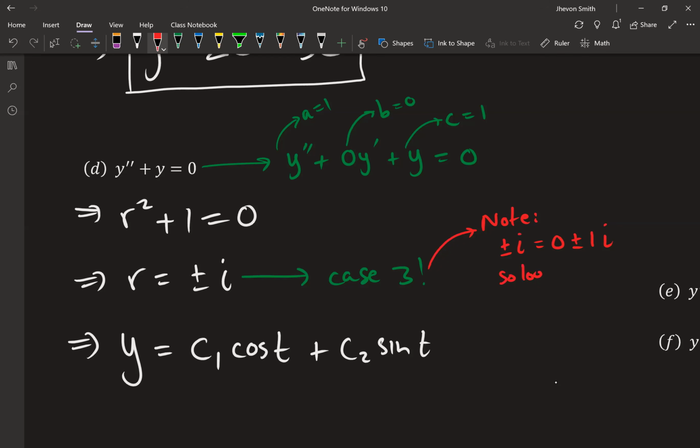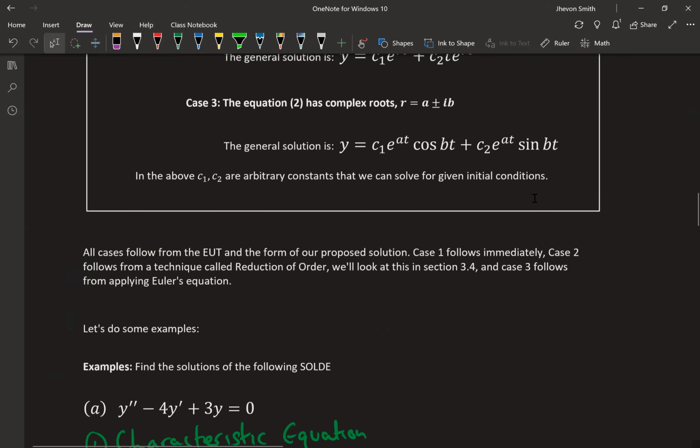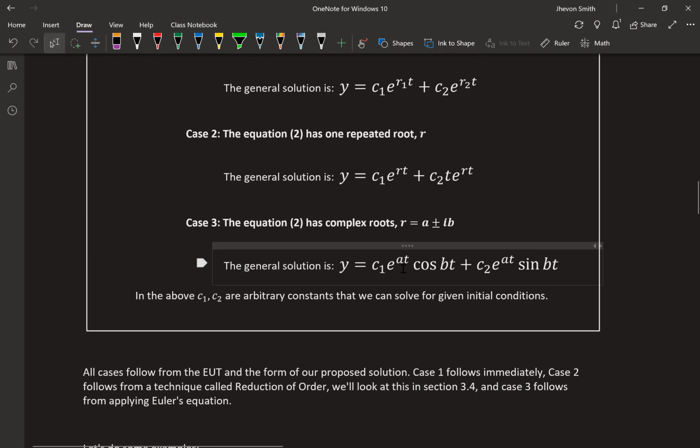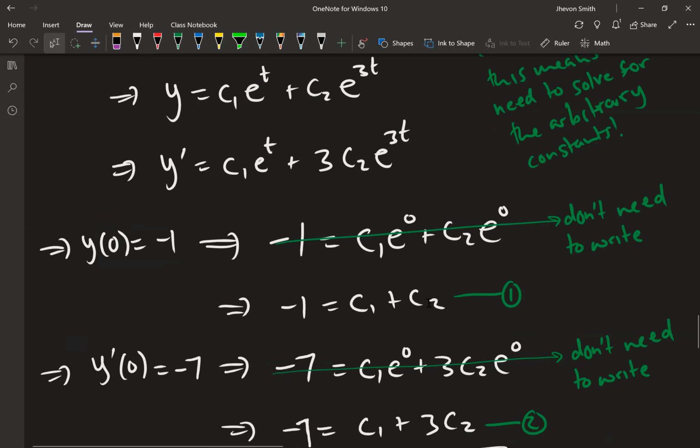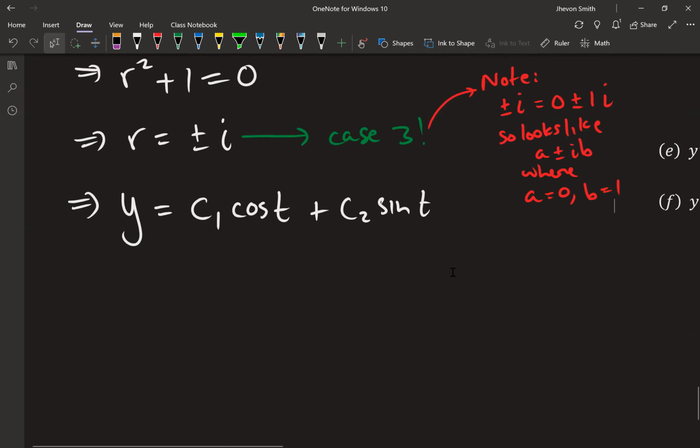So it looks like a plus or minus ib, where a equals 0, b equals 1. So you just go into this general form that I had here, plug in a equals 0, so you just have e to the 0, so the exponentials disappear, they just become 1, and plug in b equals 1, so I just have cosine of 1t and sine of 1t. So I have this as the general solution. So now that's case 3.